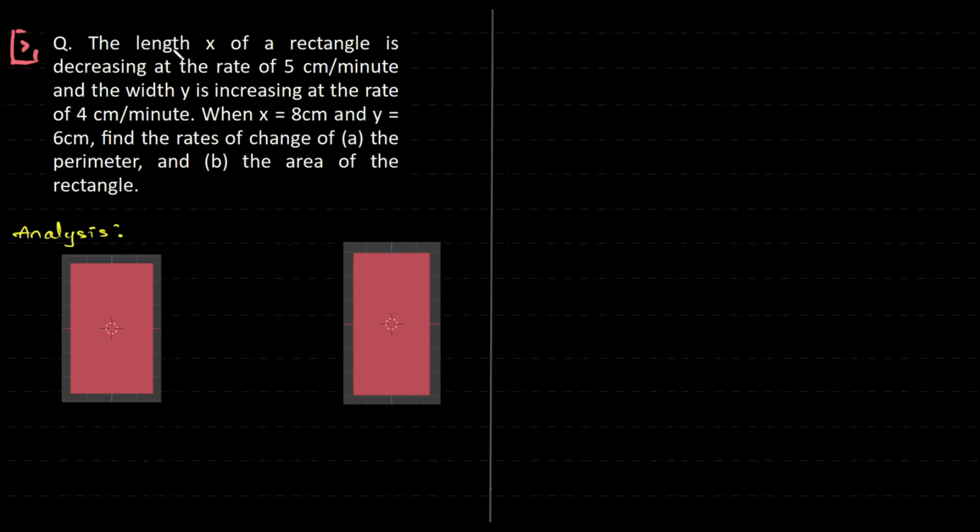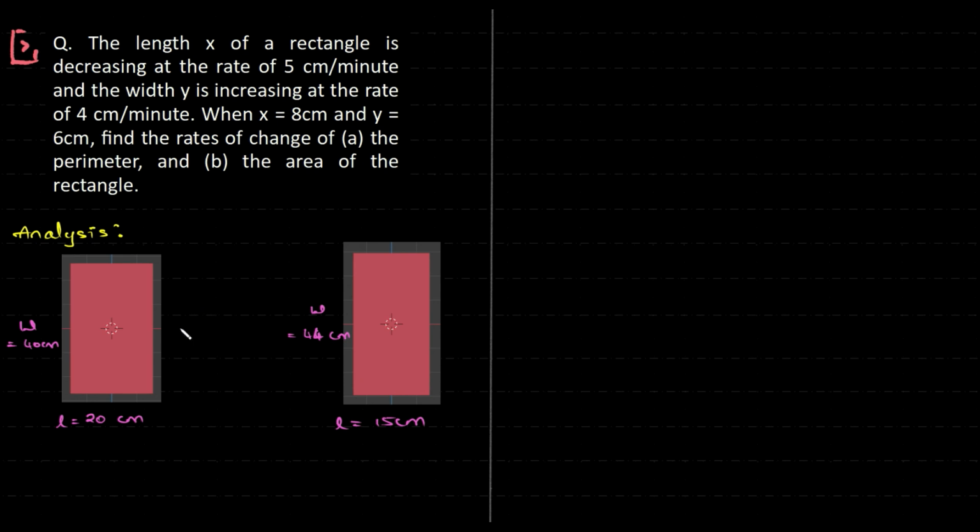Right? So the length x of a rectangle is decreasing at a rate of 5 centimeter per second. Say the length over here, left to right, is around 20 centimeter. This becomes 15 centimeter. This is your length. And the width, if this is around say 40 centimeter, the width over here will be 44 centimeter.